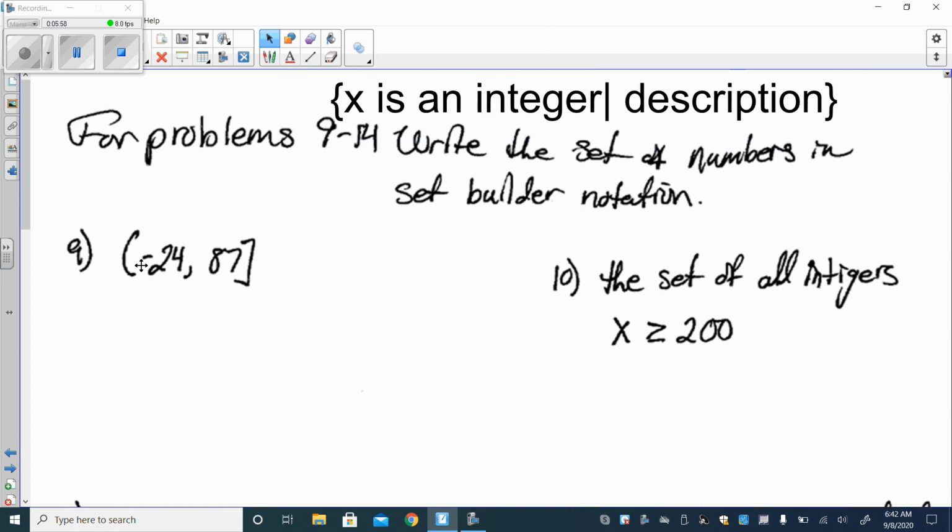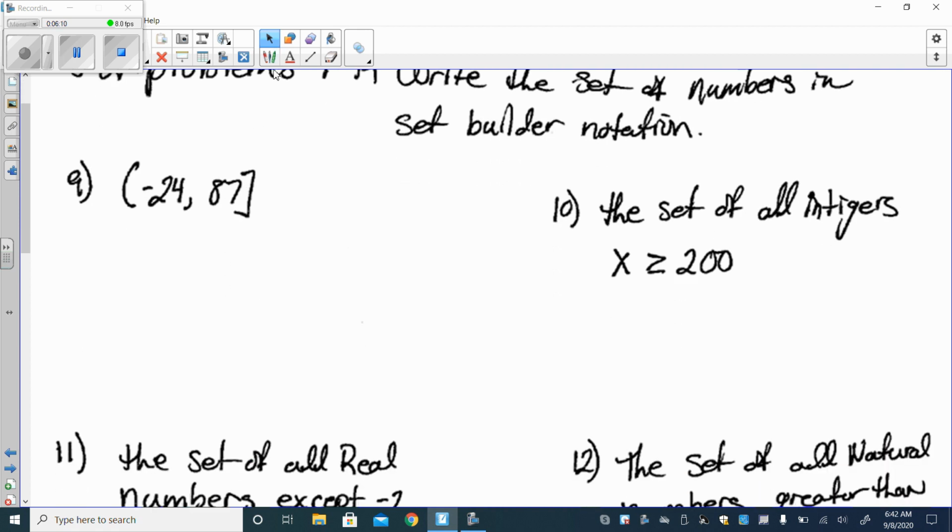So for number 9, negative 24 to 87: negative 24 is less than x, less than or equal to 87, is our statement here. Because that's what this is describing if we described it as an inequality. Negative 24 is less than x is less than or equal to 87.